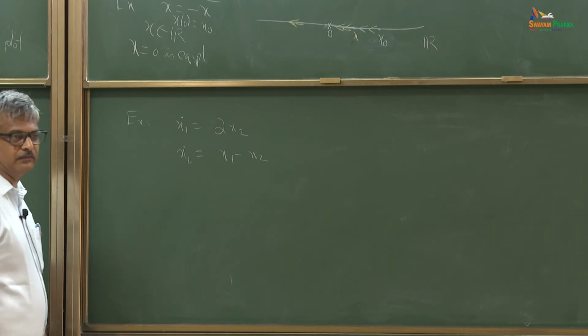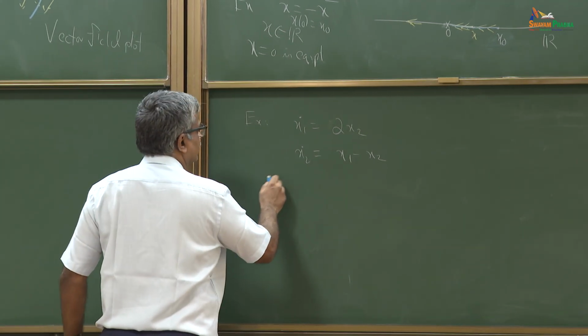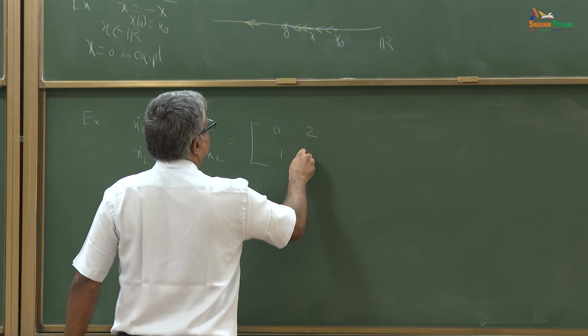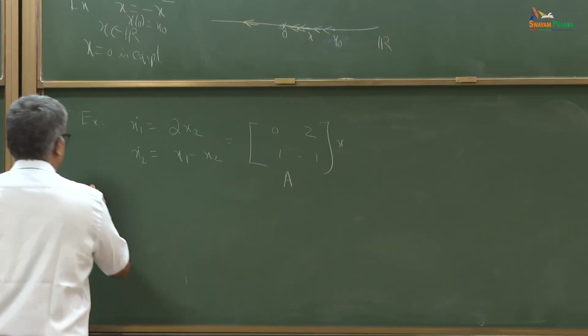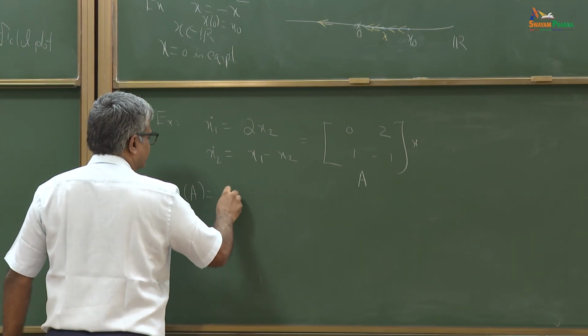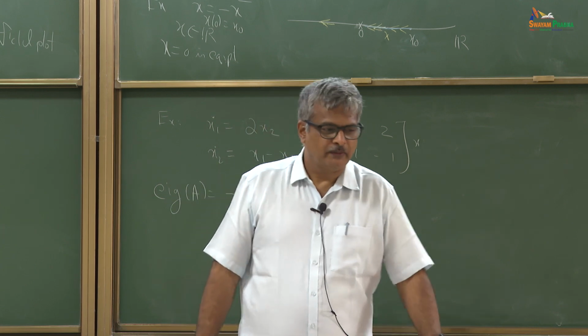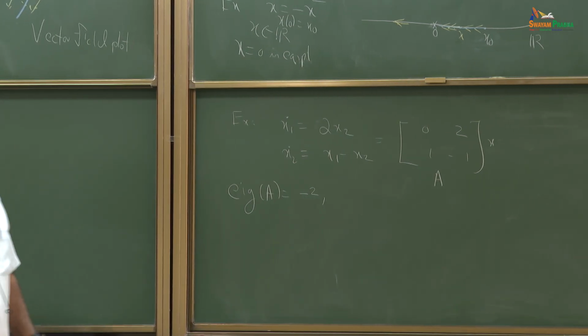It's a linear system, everyone agrees, right? Can anyone give me quickly what are the eigenvalues of the matrix? I know one of them is -2, the other one, quick, anyone can give me? Okay, whatever it is.